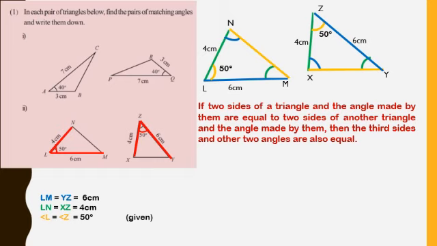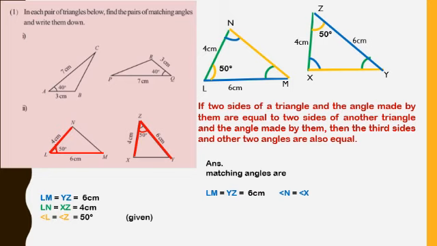Now let us find all the equal sides and equal angles. In our question is, write the matching angles. So we can write the answer as matching angles are, matching angles are opposite to the matching sides.